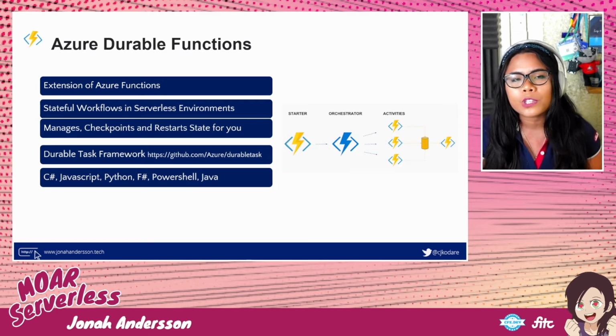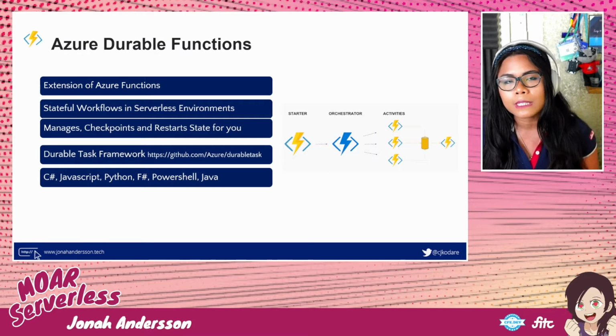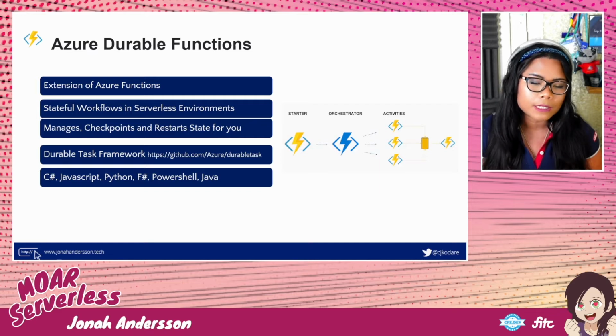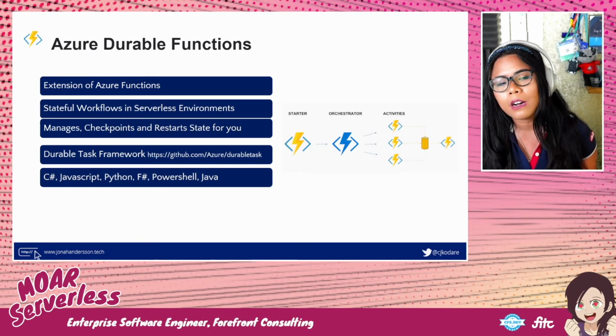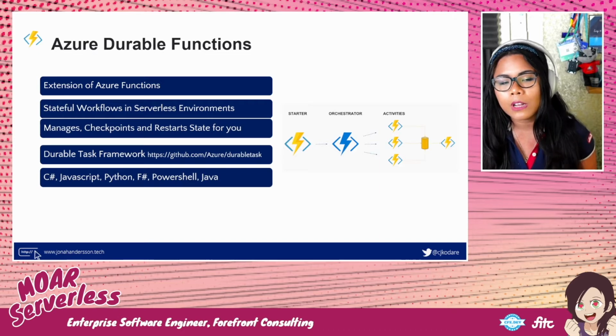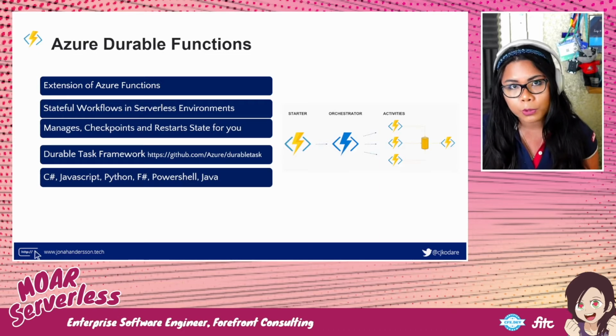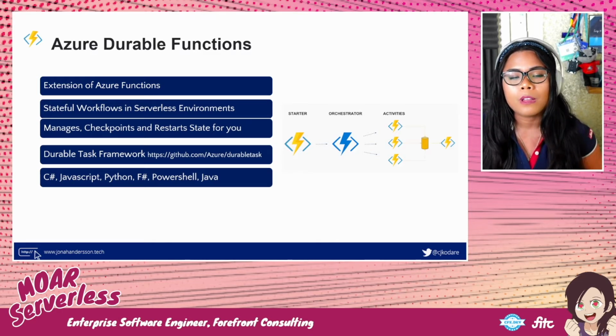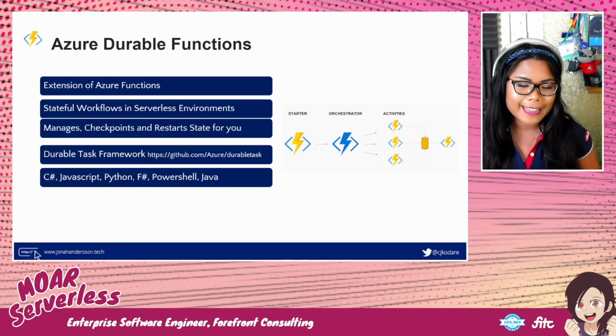And one of the features of durable functions, because it's stateful, is that it manages, checkpoints and restarts the state for us, which is not common in standard Azure Functions. The technology behind it is the Durable Task Framework, which is an open source repo that you can check through the link on GitHub right now.